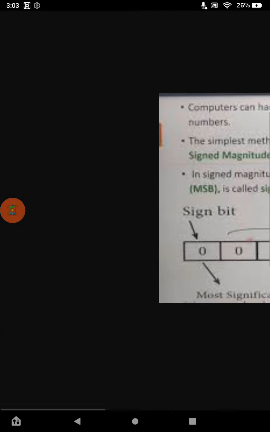This is implicitly, if it was assigned a 1, it would represent a negative value.